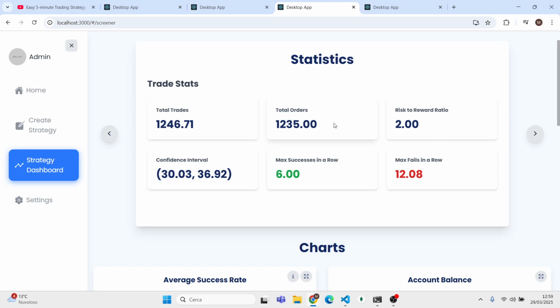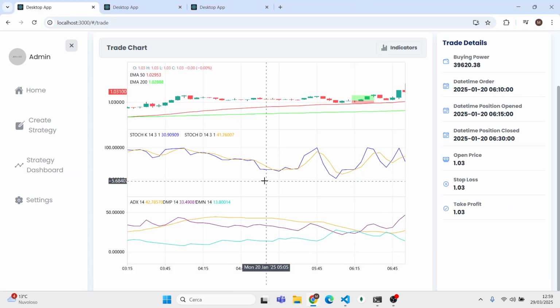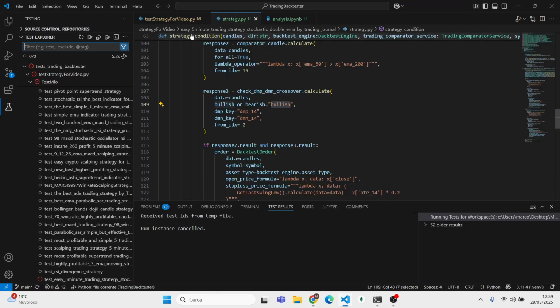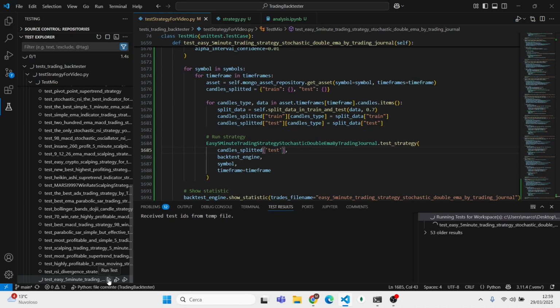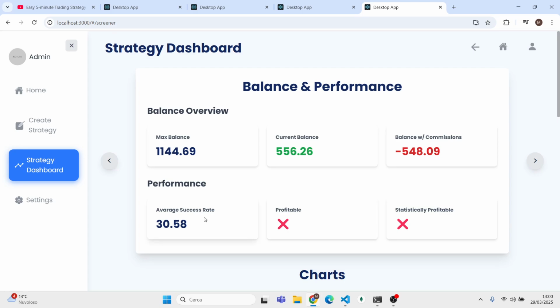Let's try to run the strategy on the test dataset, because we have seen that the strategy doesn't perform very good, but we have to check that it was not overfitted, because I always have to do this check in order to know if our improvement overfitted our strategy. So let's see. As we can see, the new average success rate on test is 30.58. It's in the confidence interval.